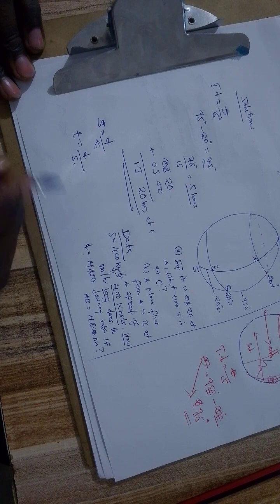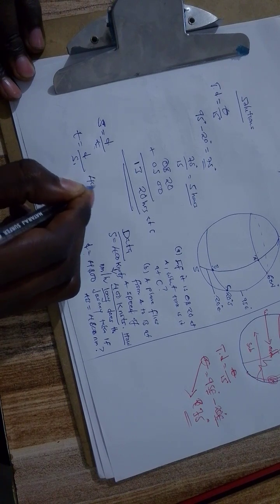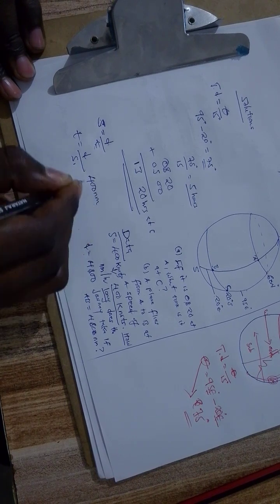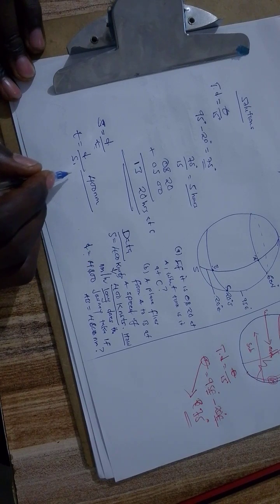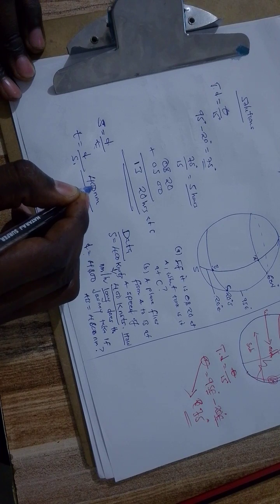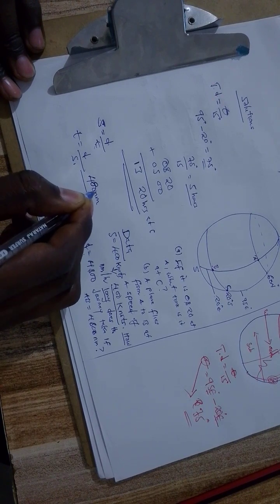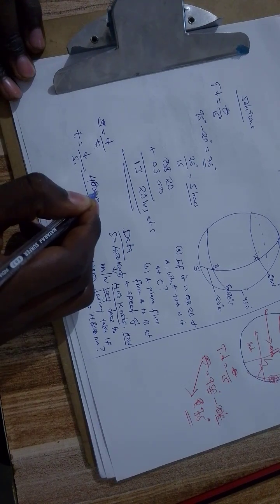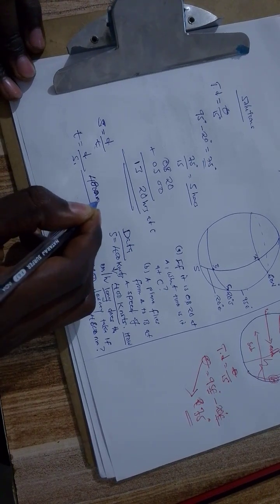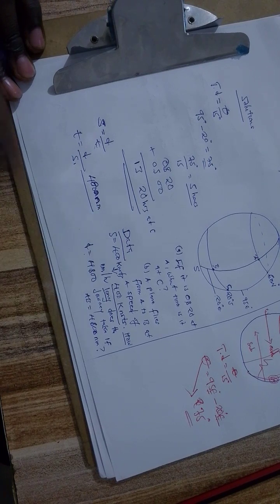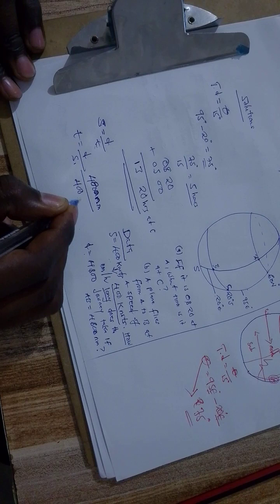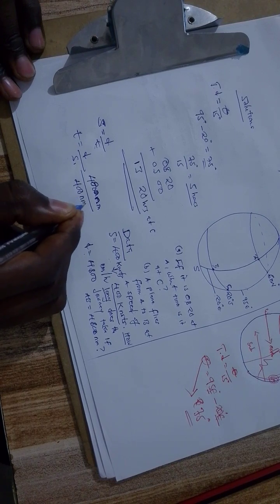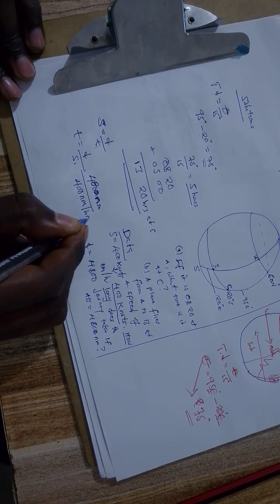Distance is 4,800 nautical miles, over the speed of 400 nautical miles per hour.